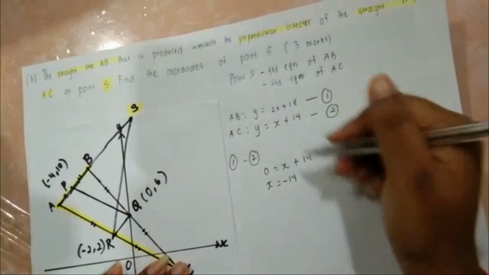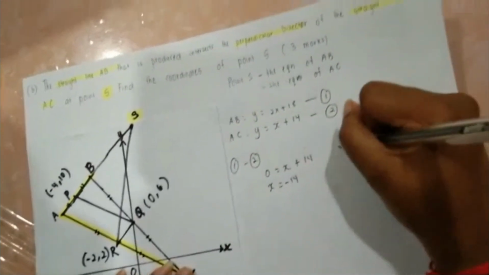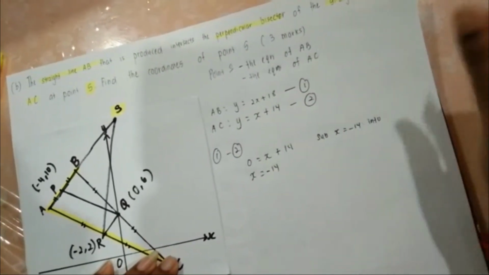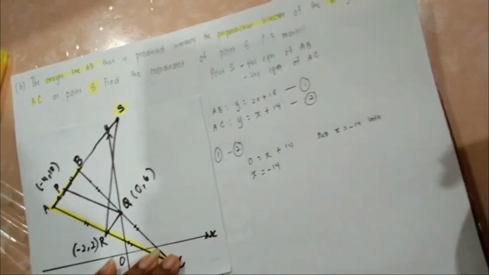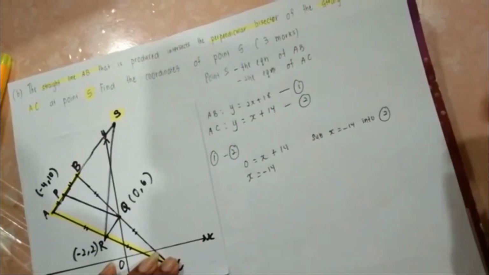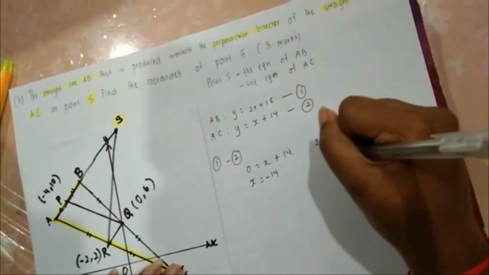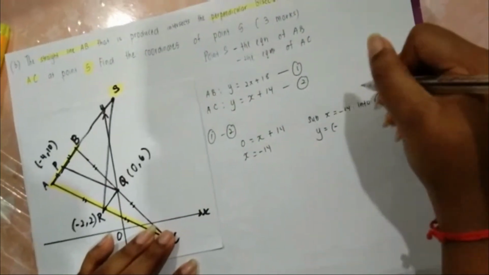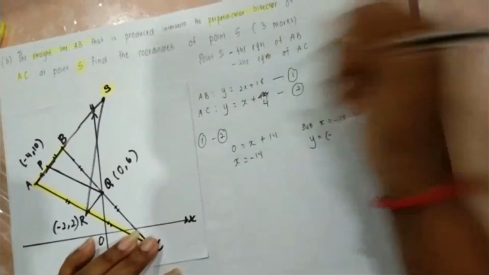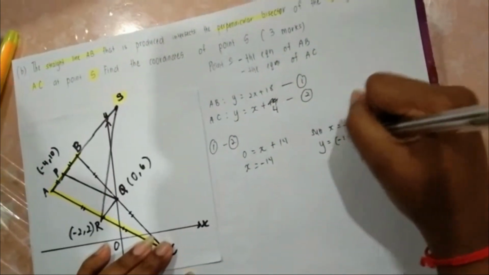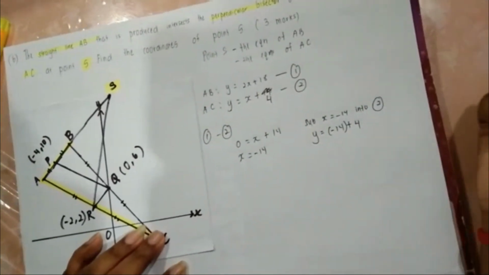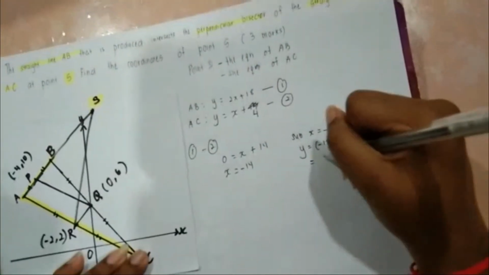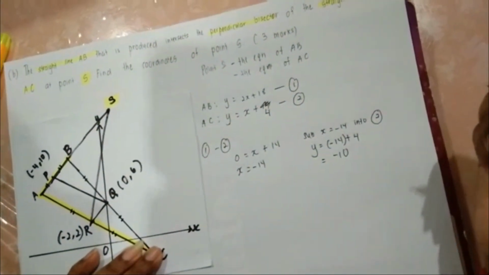This is the x coordinate of point S, and substitute this value into either equation 1 or equation 2. Substitute the value of x into this equation and you will get the y coordinate.